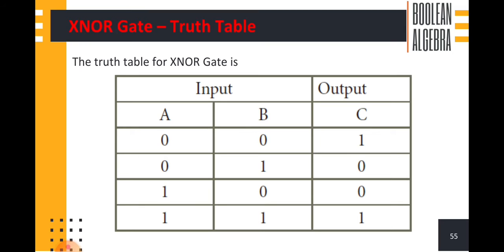Because these gates are derived from existing ones. The NAND gate is the combination of AND and NOT. The NOR gate is the combination of OR and NOT. The XOR gate is the combination of AND, OR and NOT. The XNOR gate is the combination of XOR and NOT. So we call them derived gates.